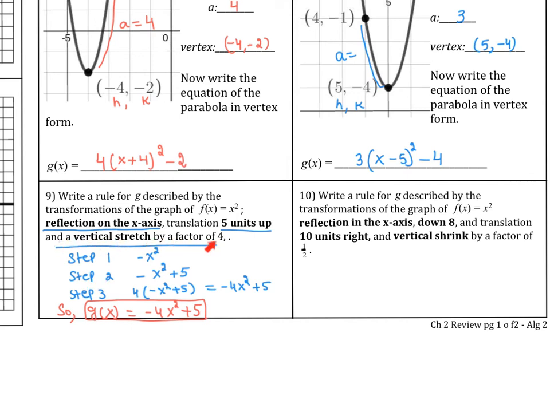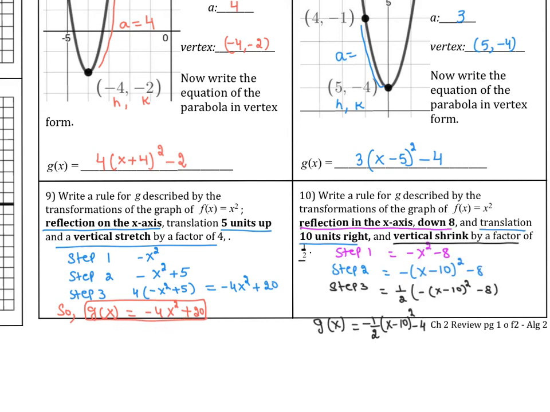Vertical stretch by a factor of 4, then you're going to multiply 4 in front. Remember, you're going to multiply the entire function if the stretch or shrink comes last. So you're going to distribute the 4 inside the function. So -4x squared plus 20 would be your final answer.